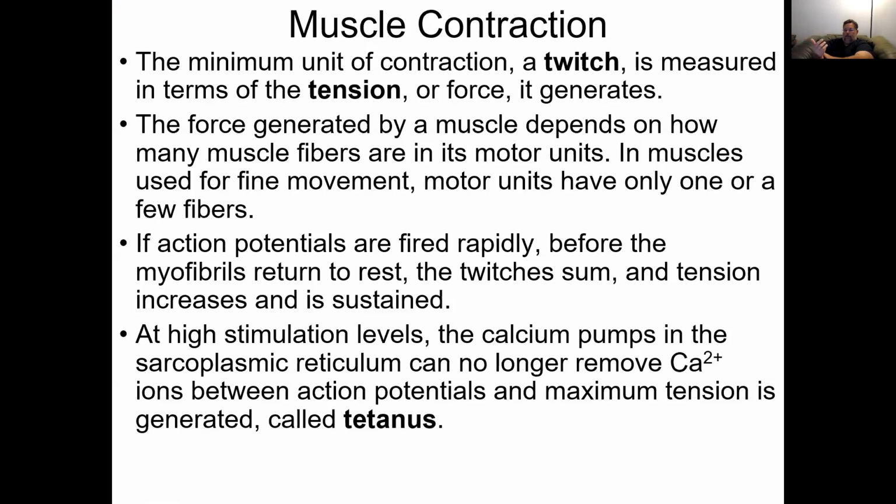And if I was to give it lots of shocks, you'll see more twitches going. You'll see this in another diagram. And then if I was to give it a lot of shocks, you would call it tetanus, and all the muscles are contracting really hard. It takes longer for the calcium to be removed because calcium is constantly being released. That's when the muscle goes into tetanus.